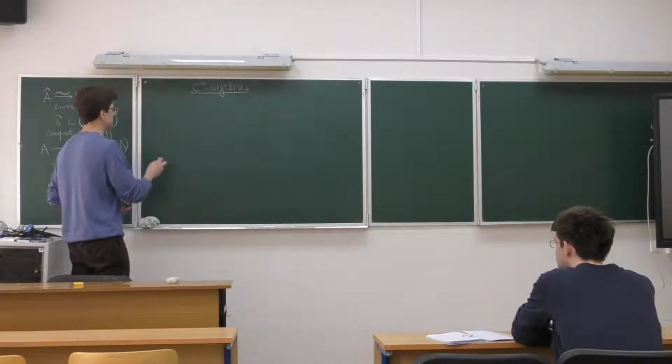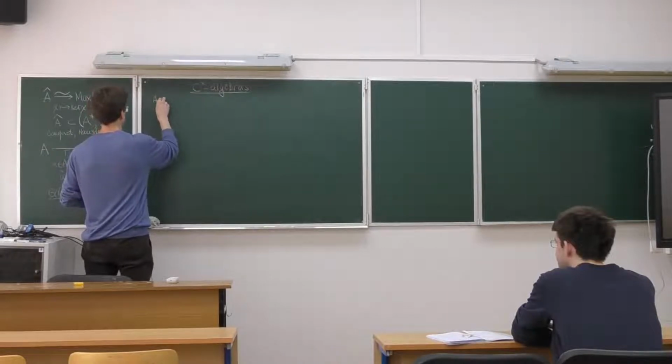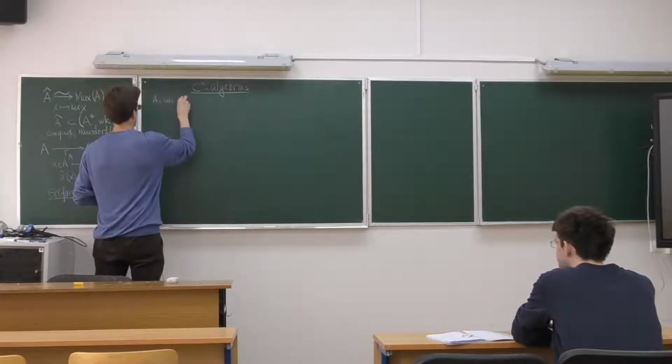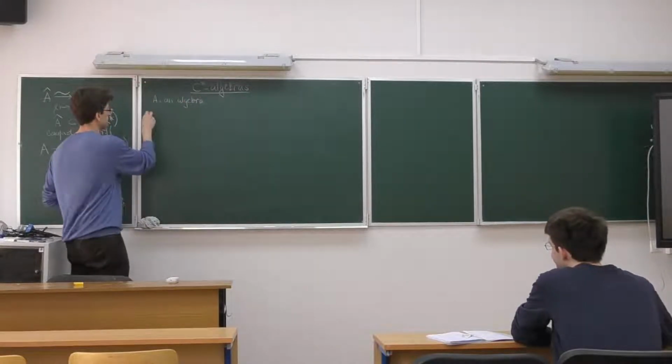Okay, so let's give some algebraic definitions. First of all, we suppose that A is an algebra, as usual over the complex numbers.